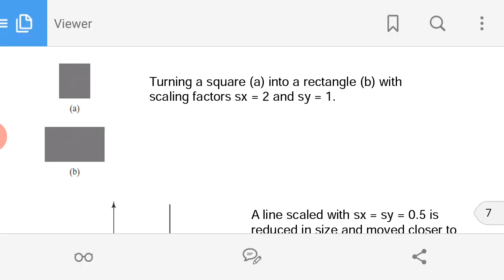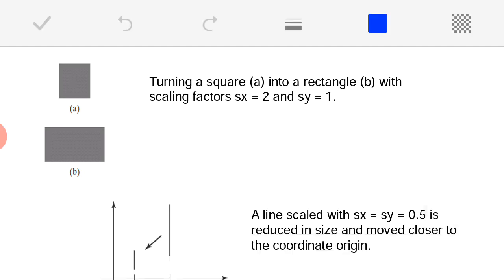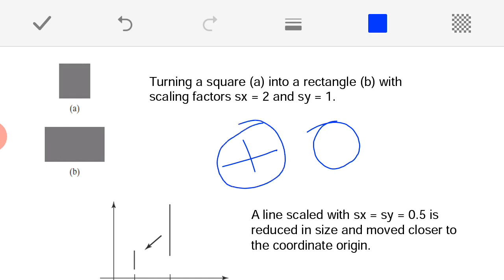Do remember, in general the scaling factors sx and sy should be positive values only. They cannot be negative, and they cannot be 0. If it is 0, then there will be no existence of that particular object, because we are multiplying the factors here. It should always be a positive value.